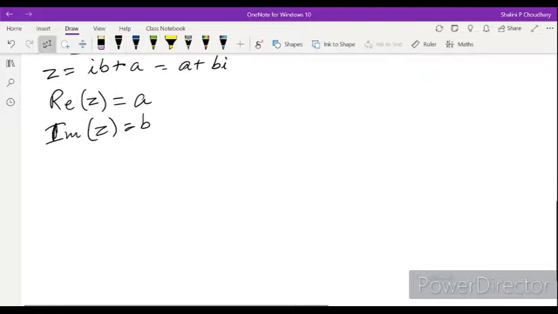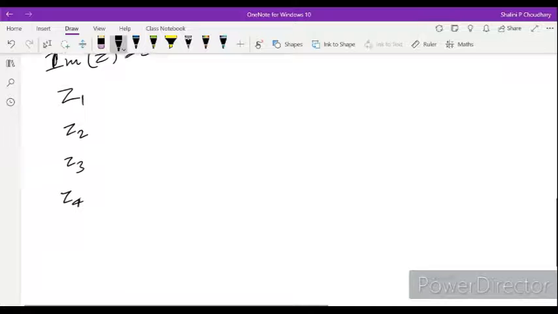Now if we have a complex number, like z1, some complex numbers given: z1, z2, z3, z4, z5.